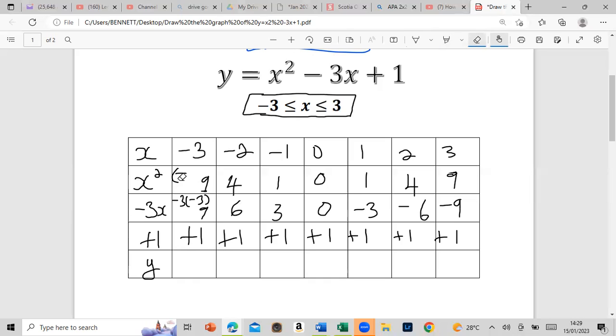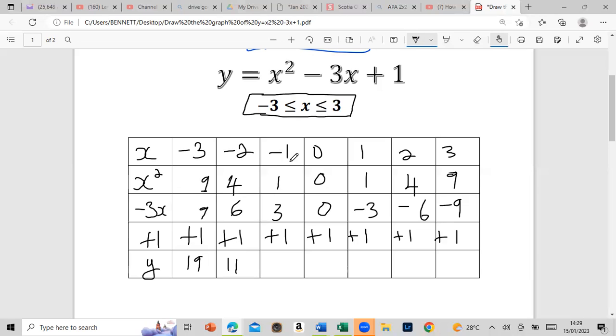Those are the values you add up or subtract, depending on the sign in front of them. Here we got positive 9 plus 9, that's 18, plus 1 gives us 19. 4 plus 6 plus 1 gives us 11.